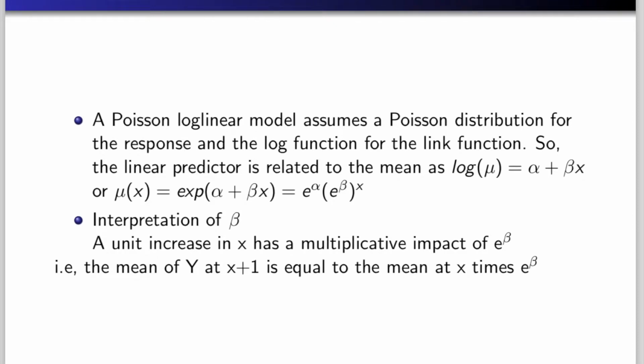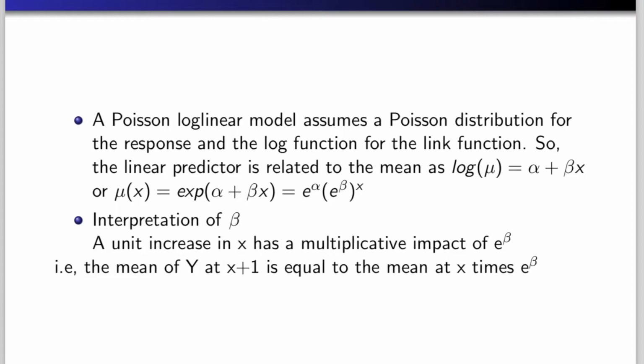So we interpret beta as: a 1 unit increase in x has a multiplicative impact of e to the beta on mu. The mean of y at x plus 1 equals the mean of y at x multiplied by e to the beta.